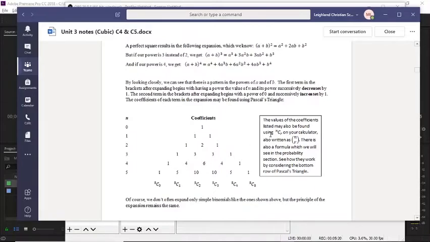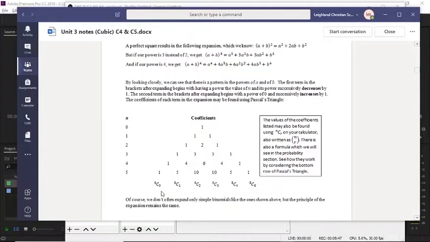That's our n value, so for the nCr, our n is 5. The r value is the position. The first position is the 0 position, so it goes 5C0, 5C1, 5C2, 5C3, 5C4, and then 5C5, and that's the last one.